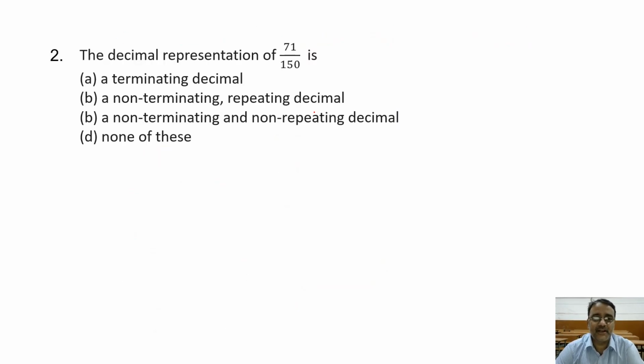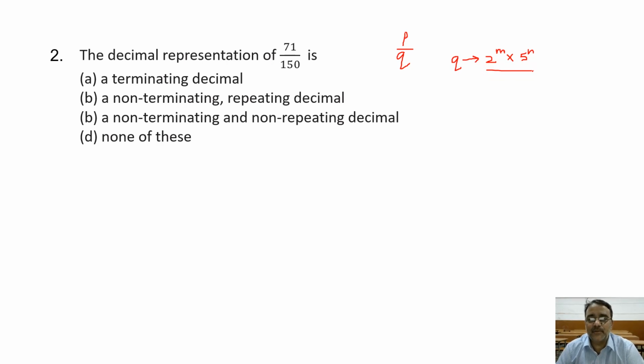The question number 2, the decimal representation of 71 upon 150 is dash. One minute, look here, whenever the rational number is in the form of p by q, simplest form, we have to check whether q is in the form of 2 to the power m into 5 to the power n, where m and n are non-negative integers. That is whole numbers. Okay? Now there should not be any other factor besides this.